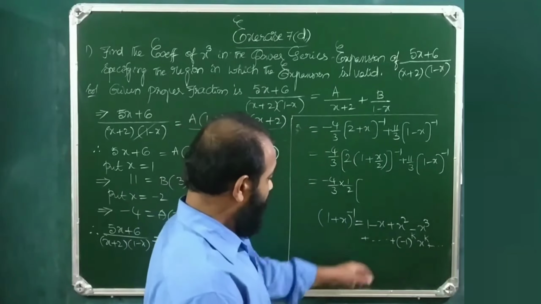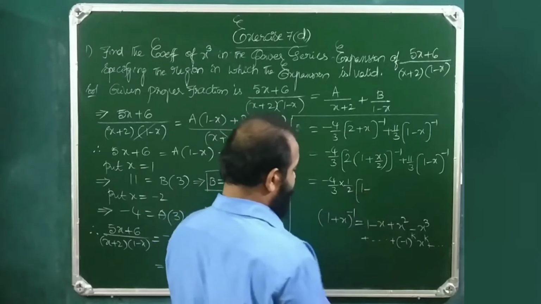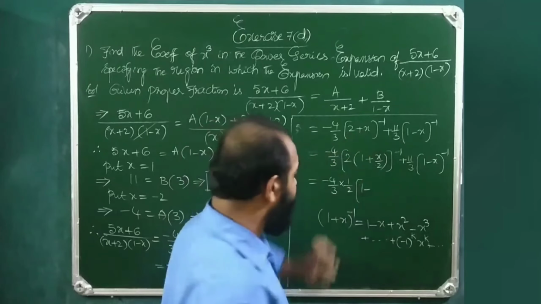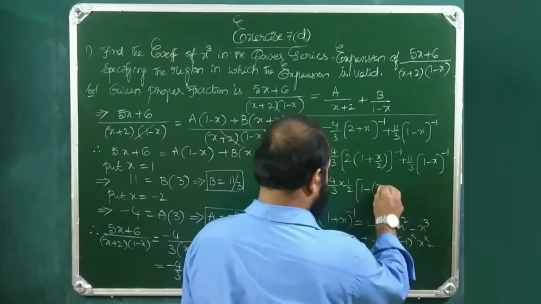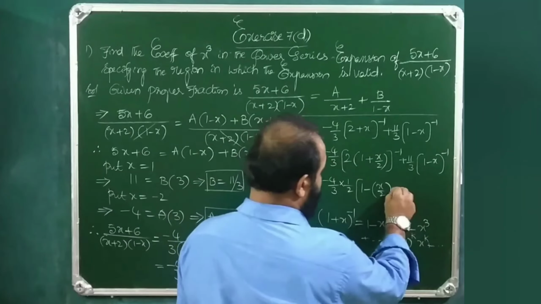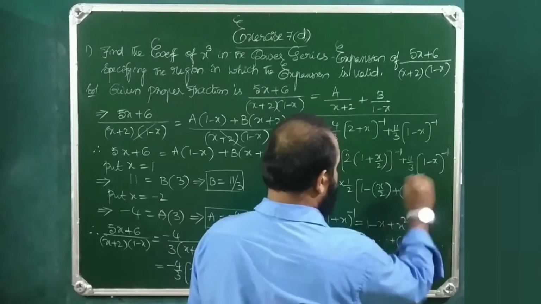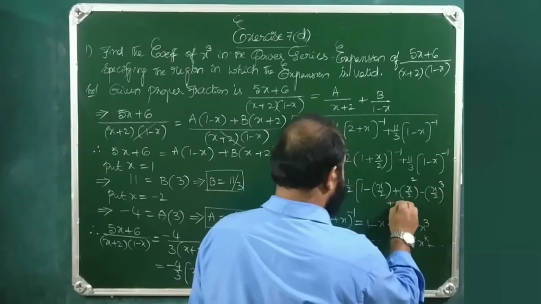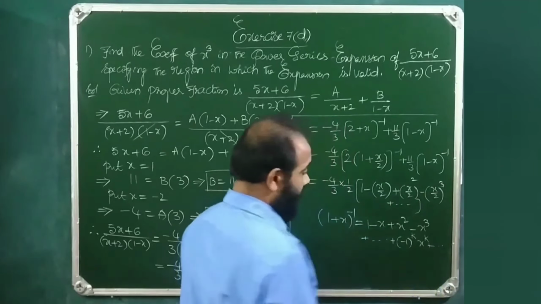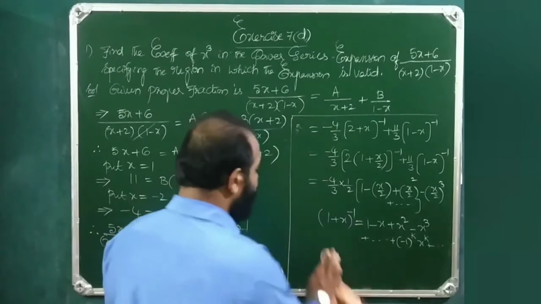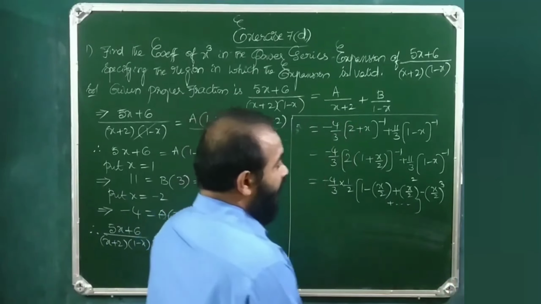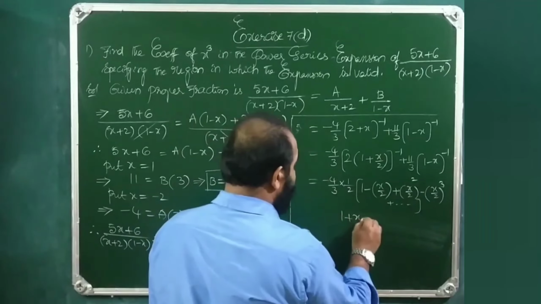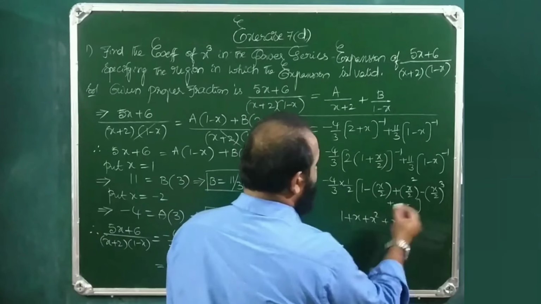Now this is equal to 1 minus, in the place of x here we have x by 2, so this is x by 2 plus (x by 2) whole square minus (x by 2) whole cube plus etc., plus (1 minus x) whole power minus 1, which is 1 plus x square plus x cube and so on.